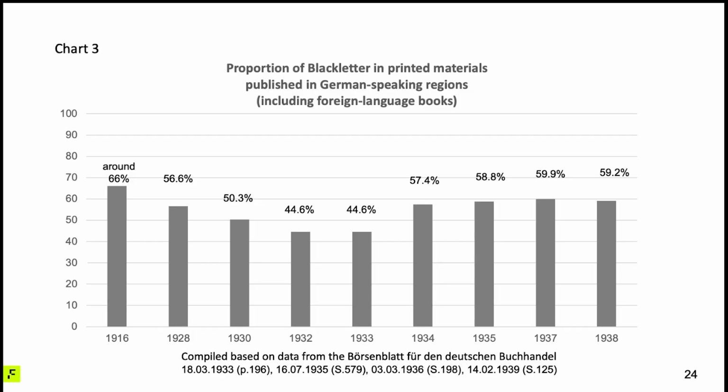This differs significantly from its usage in public space. However, this proportion includes books and pamphlets as well as materials in foreign languages published in the German-speaking region, so it should be interpreted with caution.